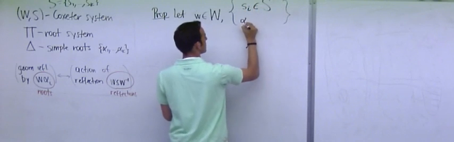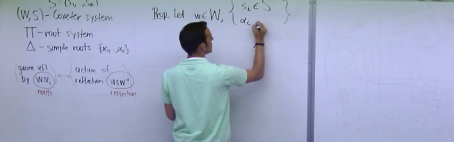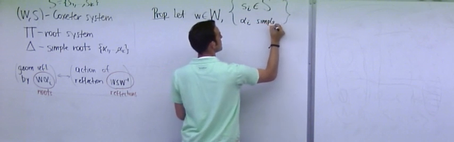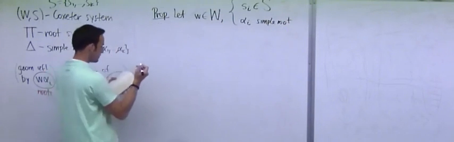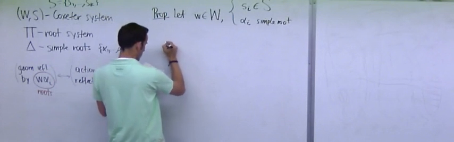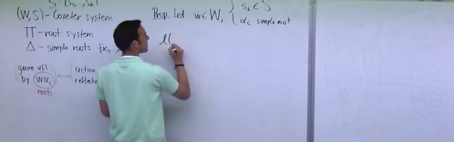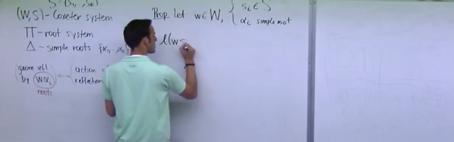and this means that we have a simple root, then we talked about how we could characterize the property of the length function.